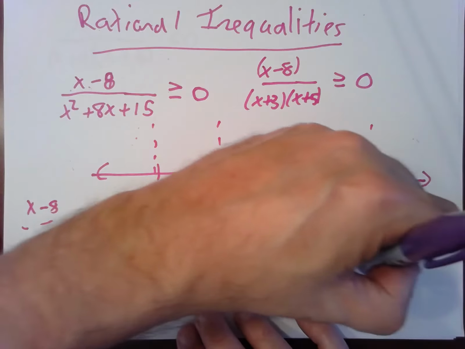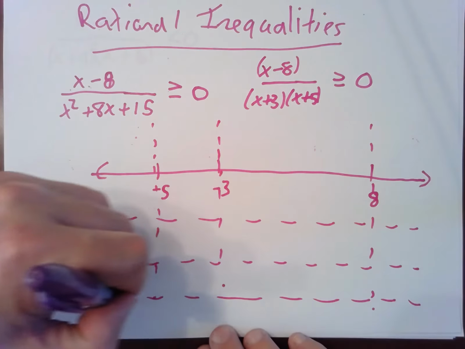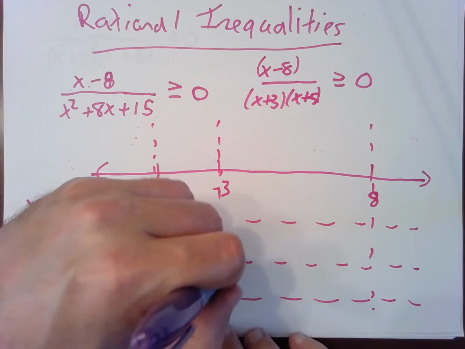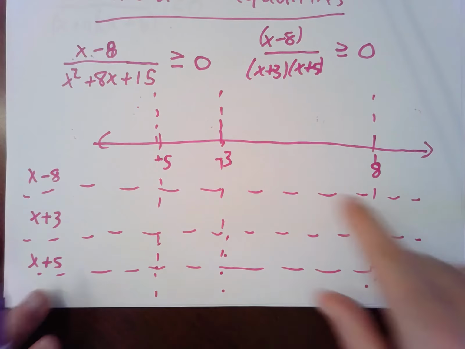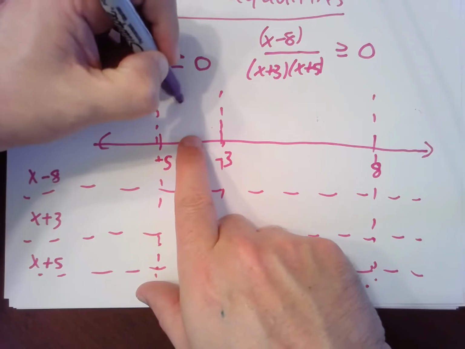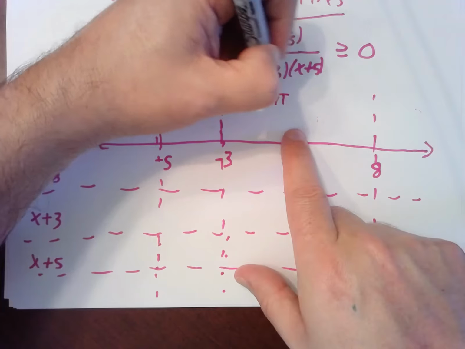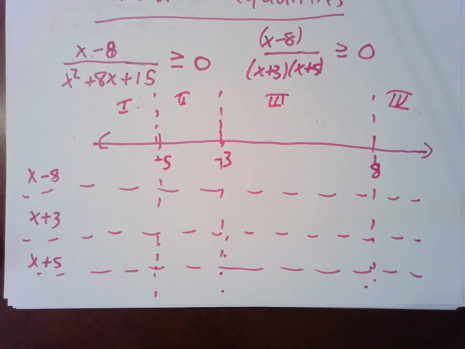If you haven't watched the polynomial inequalities video yet, highly recommend you go watch that first. Okay, now we got to fill in all our pluses and minuses in each little box here. Remember, don't forget this section. We'll have 4 different sections where we're going to fill in pluses and minuses.